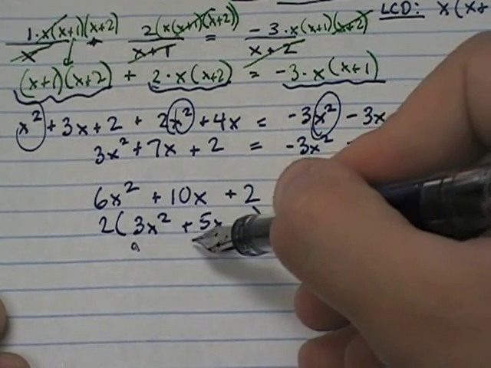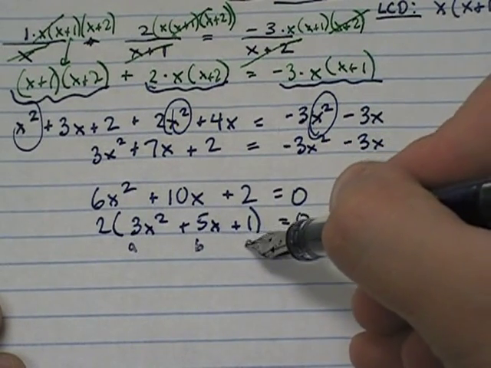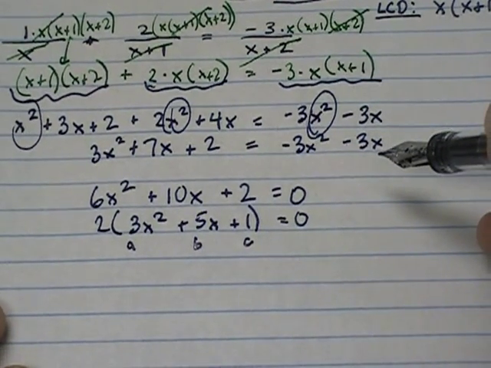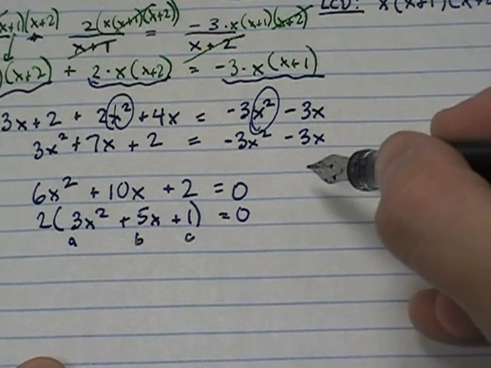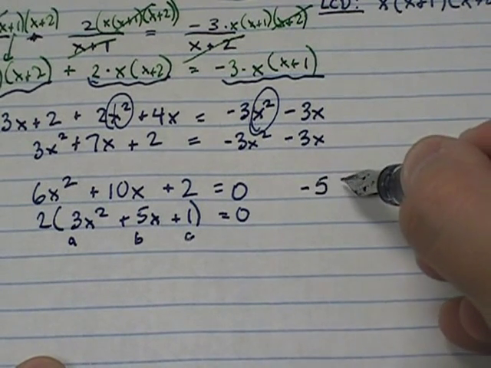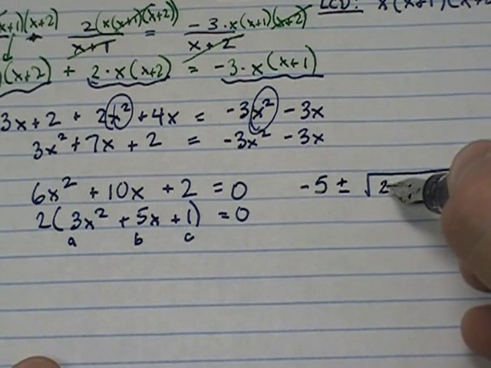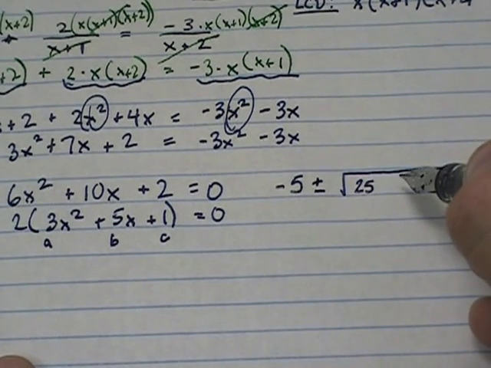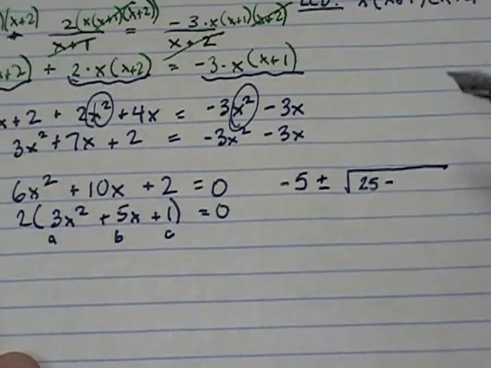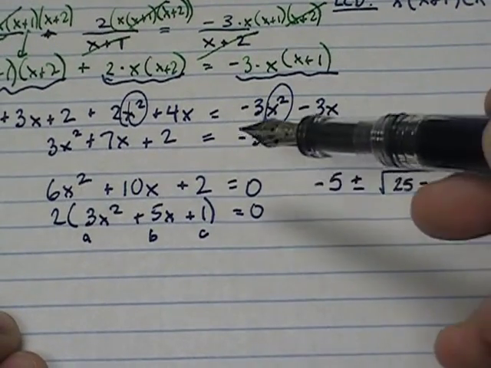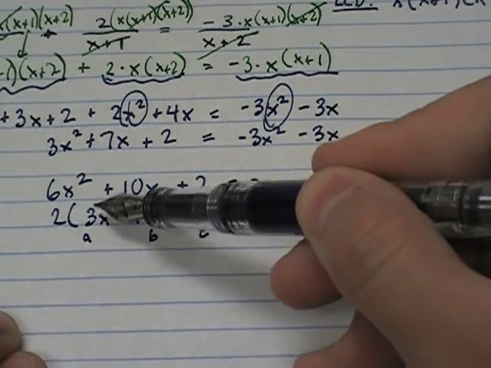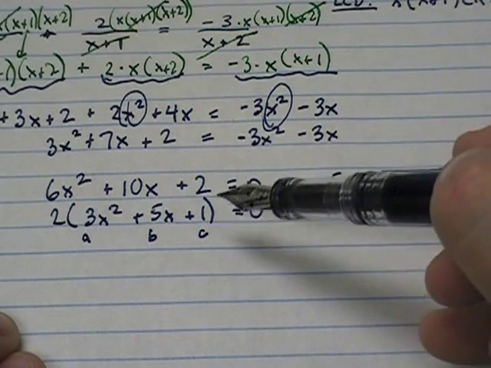This is A, this is B, and this is C. So I come over here and I say, okay, the opposite of B, plus or minus the square root of B squared, which is 25, minus 4AC.